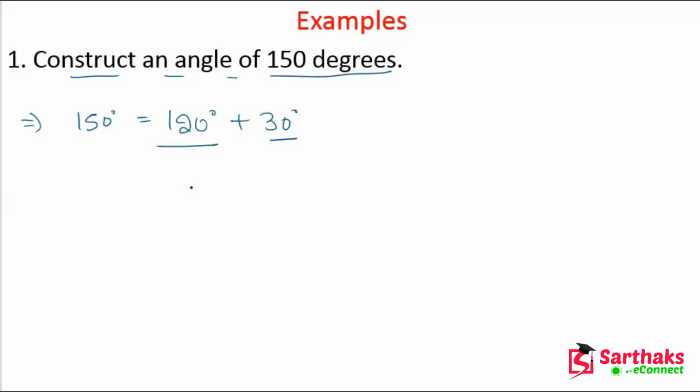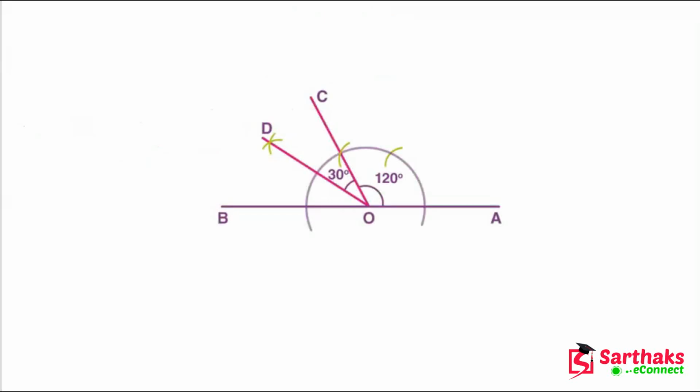Okay, my dear friends. So now, if you see, this is the construction. First of all, we have to draw line AB. Now with the help of compass, we can draw 120 degree very easily, as we learnt how to draw a 120 degree angle.